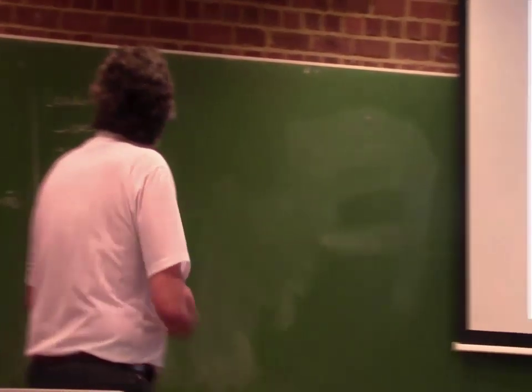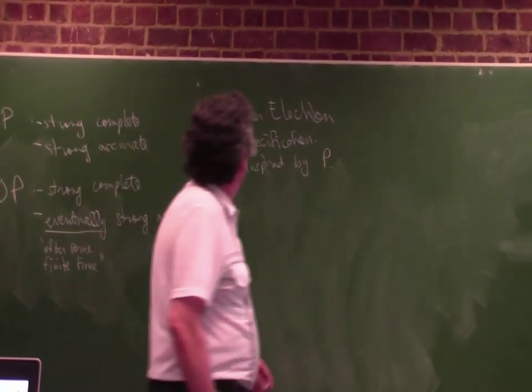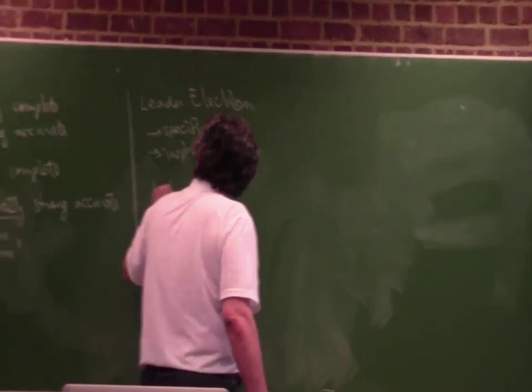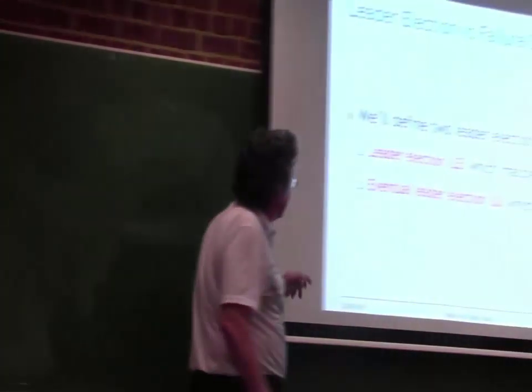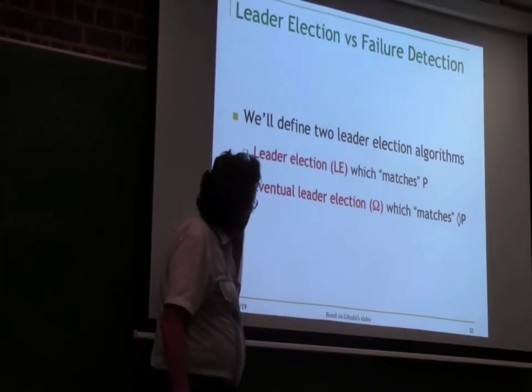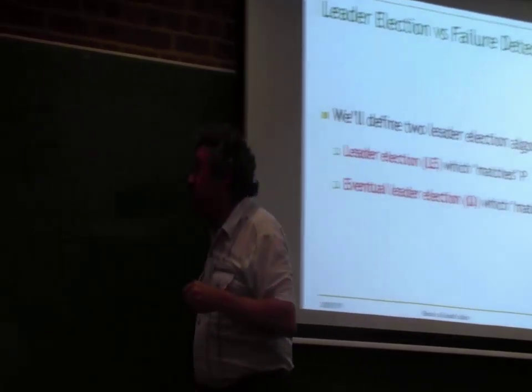So what I want to do is define an algorithm. These algorithms actually have names; these are the standard names. There's LE, which is leader election, which we're going to derive from P, the perfect failure detector.